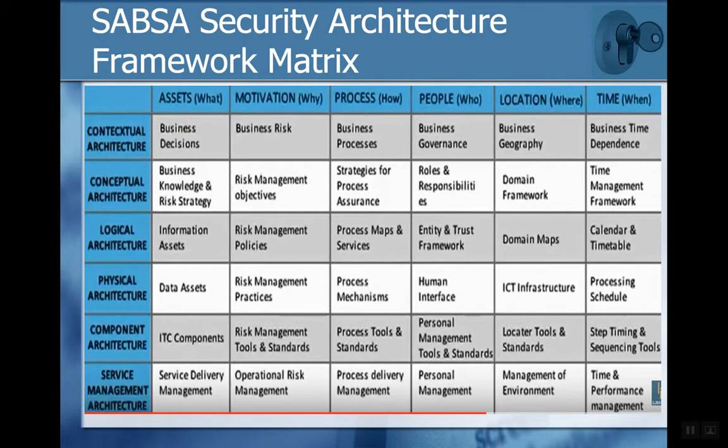The intersection of both of those describes something within that particular domain. This is what's used in SABSA, but it could be applied in any number of other architectural domains. As I said, it's really a framework, something you can use to help organize and structure your planning processes.